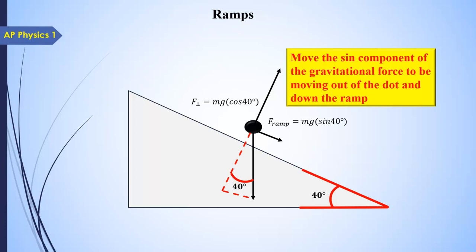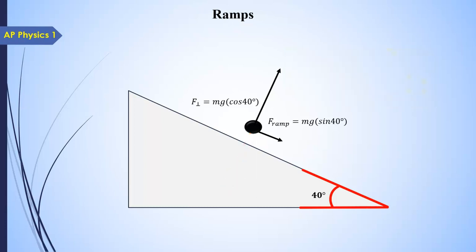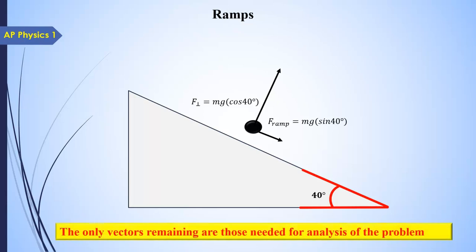Now that we have those two forces, which are the ones that affect the motion, we can remove everything else in our component diagram. In this particular problem, the normal force is not going to play any role because there's no friction force. In future problems where there's a friction force, you will need the normal force. So the only vectors remaining are those needed for analysis of the problem.